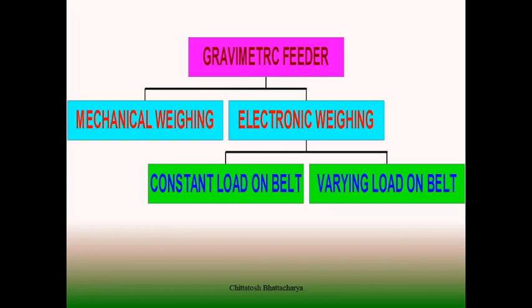Depending upon the weighing arrangement, gravimetric feeders may be mechanical weighing type or electronic weighing type. In case of electronic weighing type, we have two arrangements, either constant load on belt type of arrangement or varying load on belt type of arrangement.